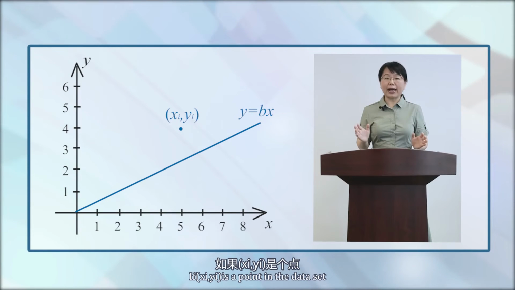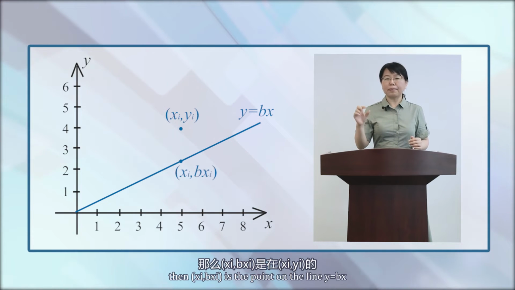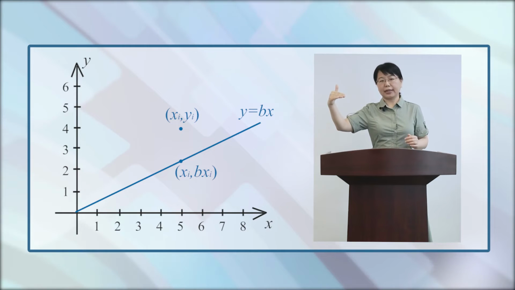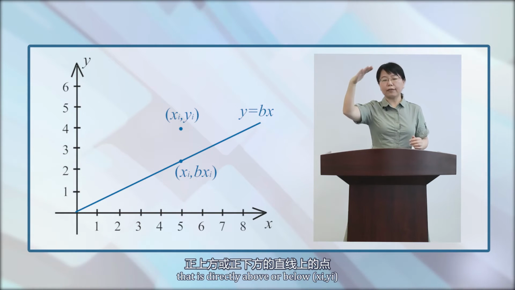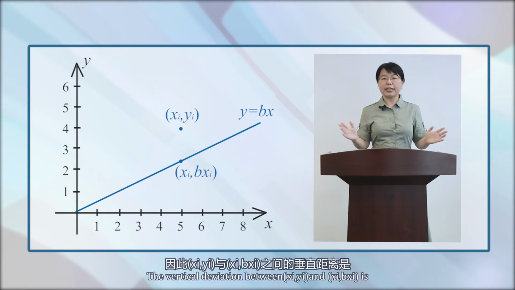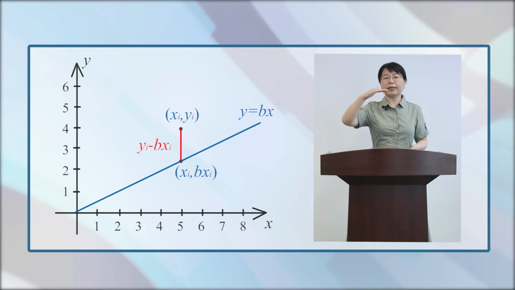If (xi, yi) is a point in the data set, then (xi, bxi) is a point on the line y is bx that is directly above or below (xi, yi). The vertical deviation between (xi, yi) and (xi, bxi) is yi minus bxi.